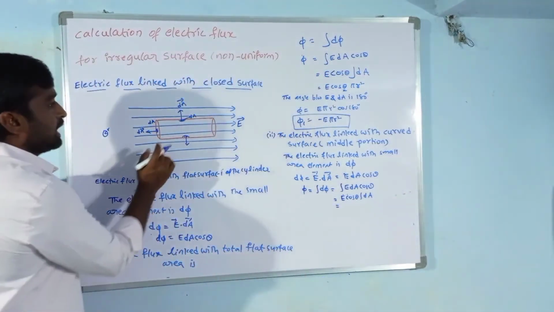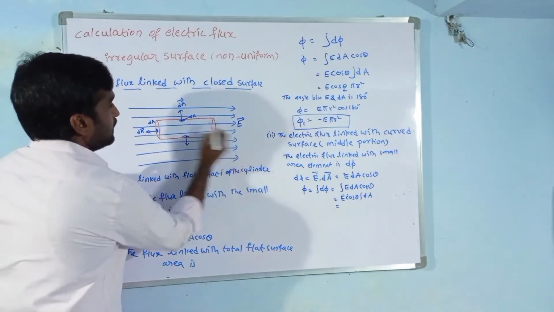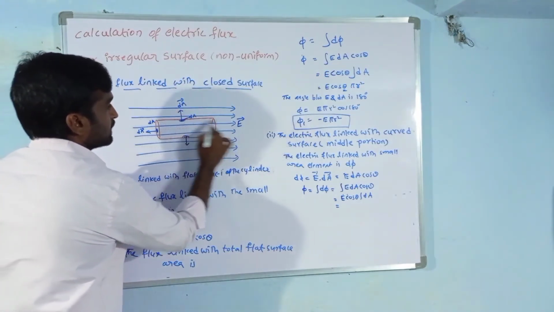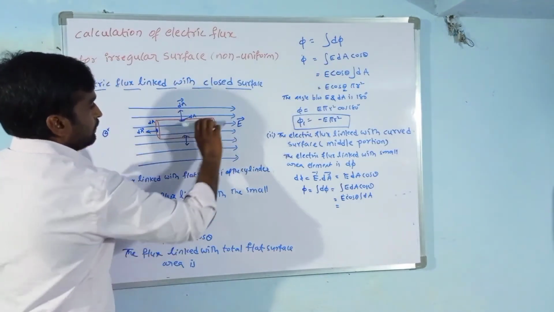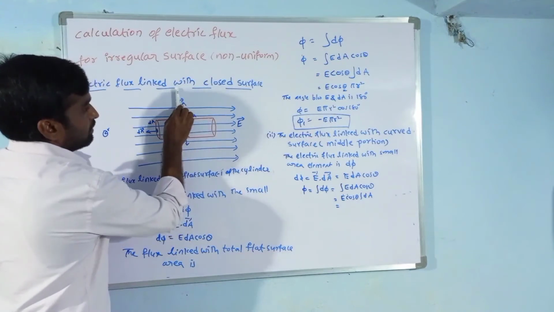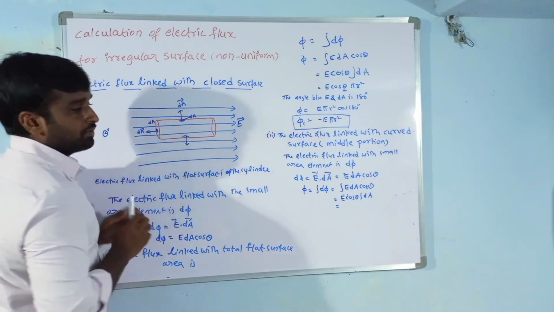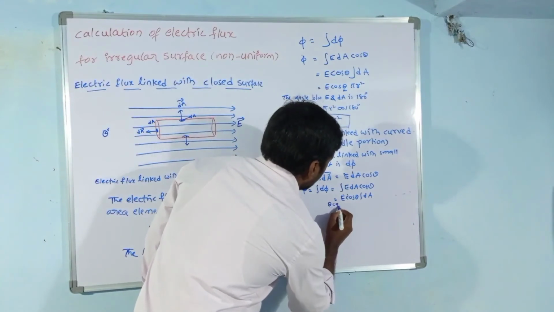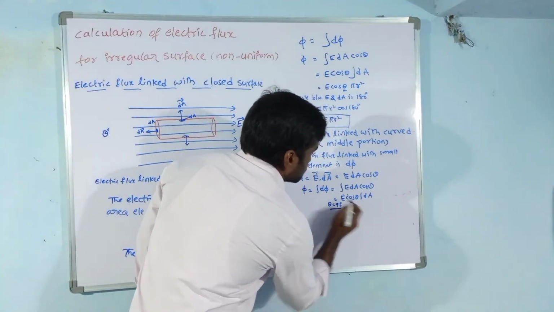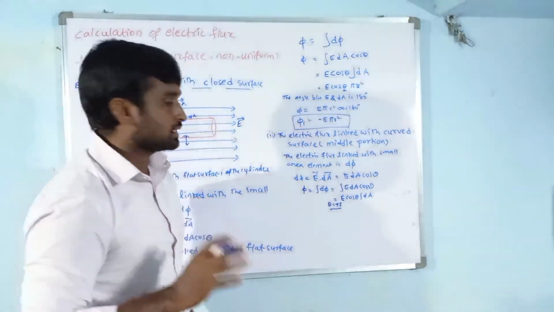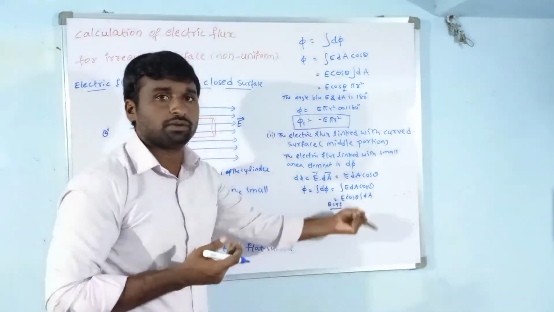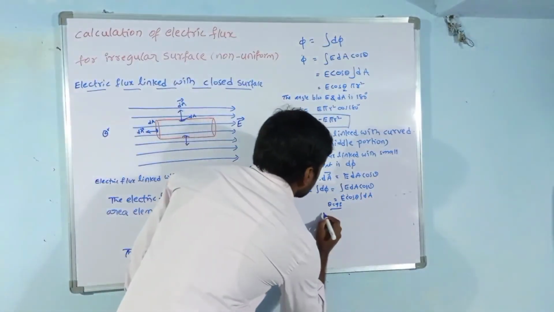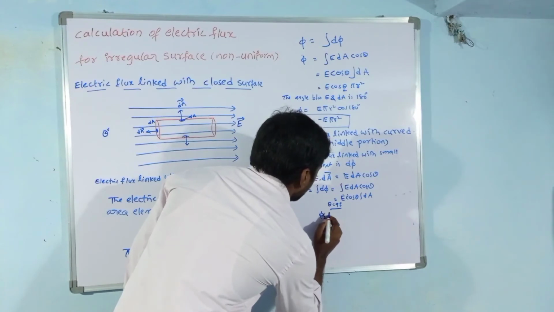Now what is the angle between the electric field and the area vector? This is the direction of the electric field, this is the direction of the area vector. So what is the angle between these two? That is 90 degrees. Theta equals 90 degrees. When we substitute theta equal to 90 degrees, cos 90 gives 0, and 0 into anything is 0. So in this case phi will be 0.